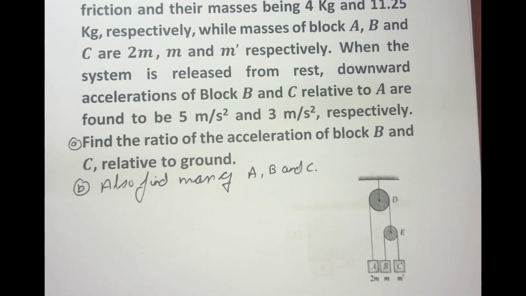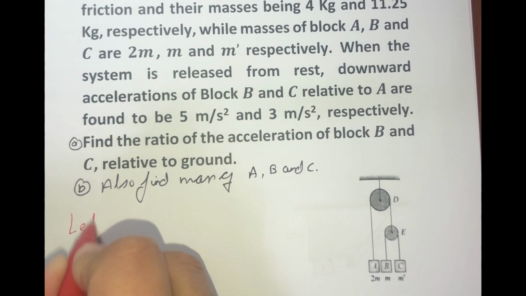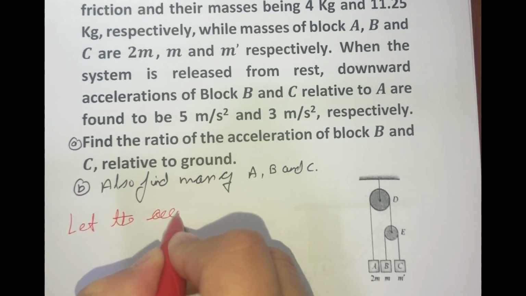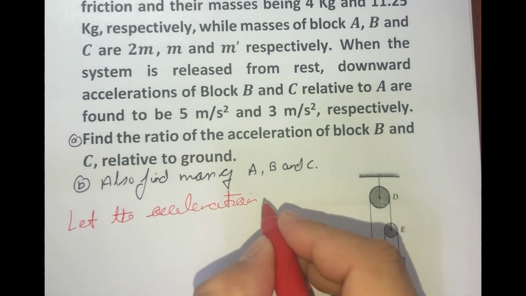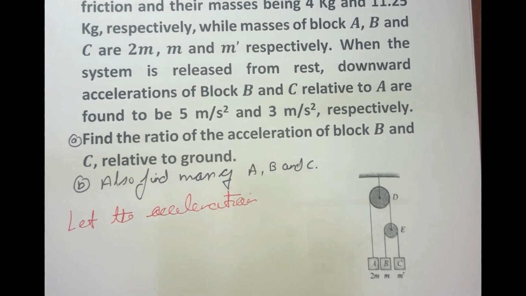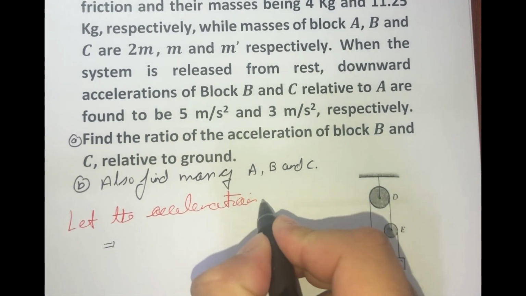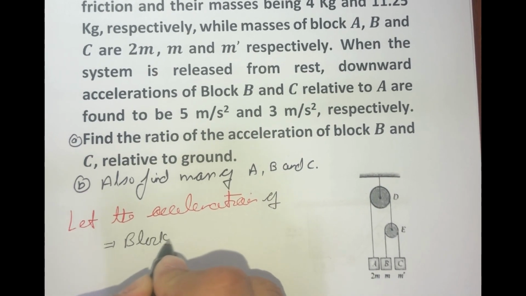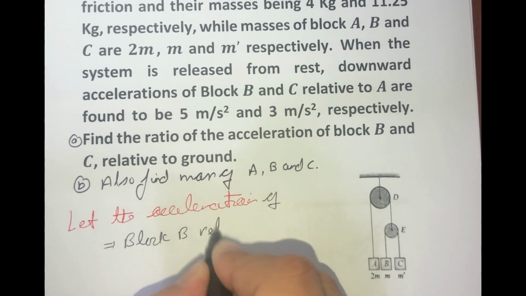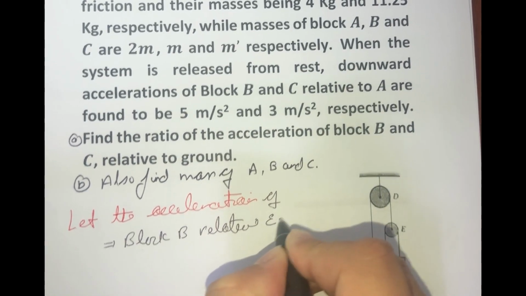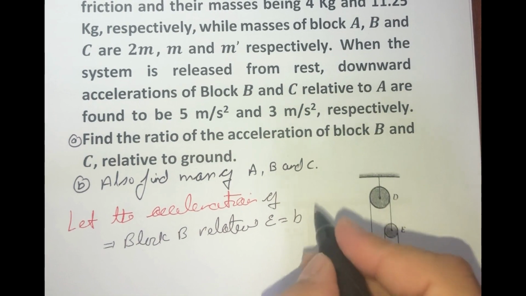So first of all, let us assume that the acceleration of block B relative to pulley E is b, and it is given as downward.